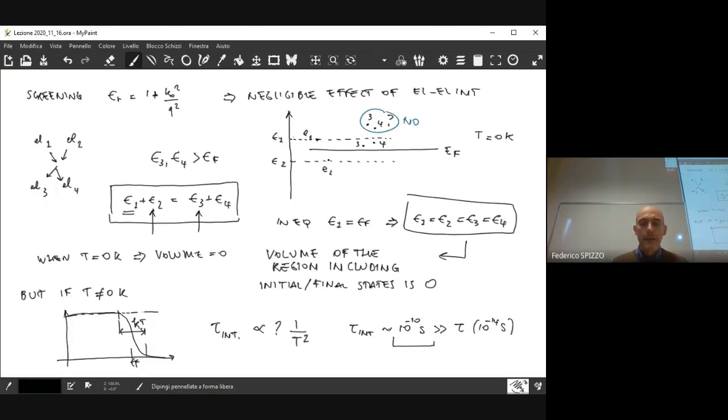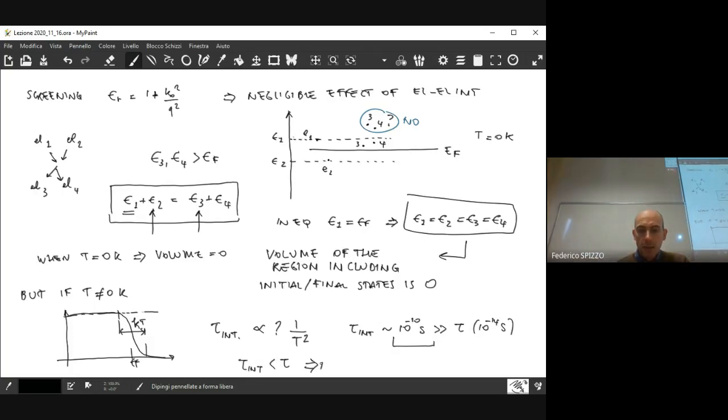Because the point is the following: if we had found that the relaxation time due to the interaction is smaller than the relaxation time due to collisions, then from one collision to another, the electronic wave function is not stable, and we may not neglect the contribution of electron-electron interaction, because over one mean-free path, the electronic wave function is strongly disturbed by the effect of the electron-electron interaction.